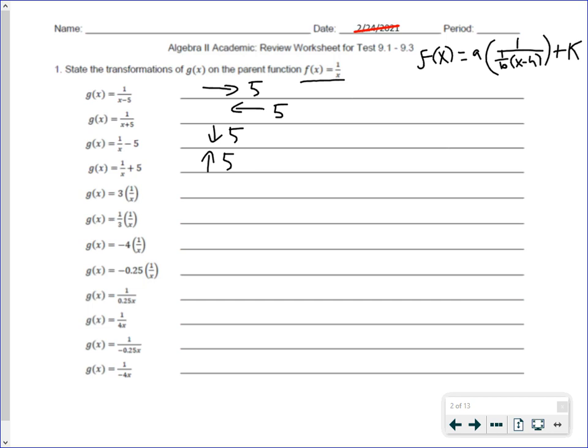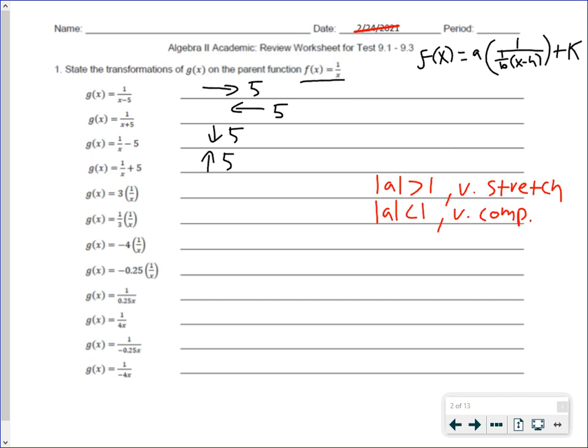If the absolute value of a is greater than 1, then we have a vertical stretch. And on the next line, if the absolute value of a is less than 1, we're going to have a vertical compression.